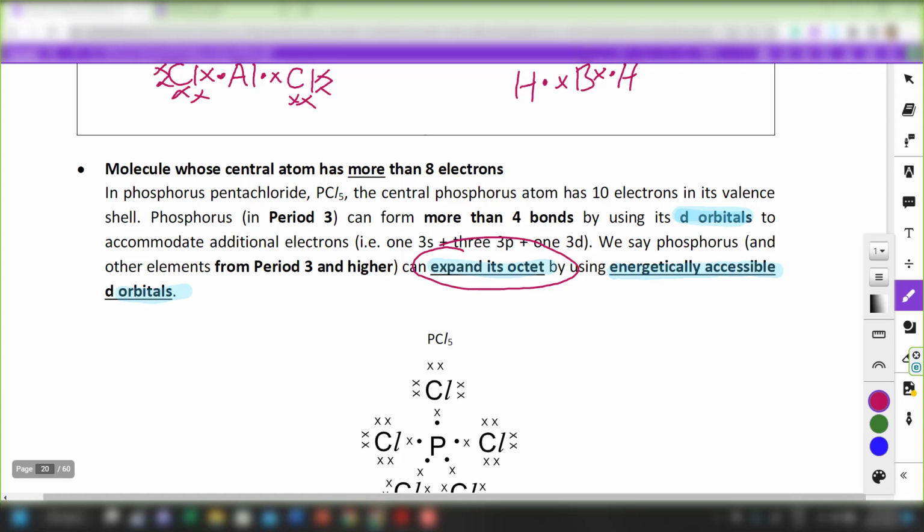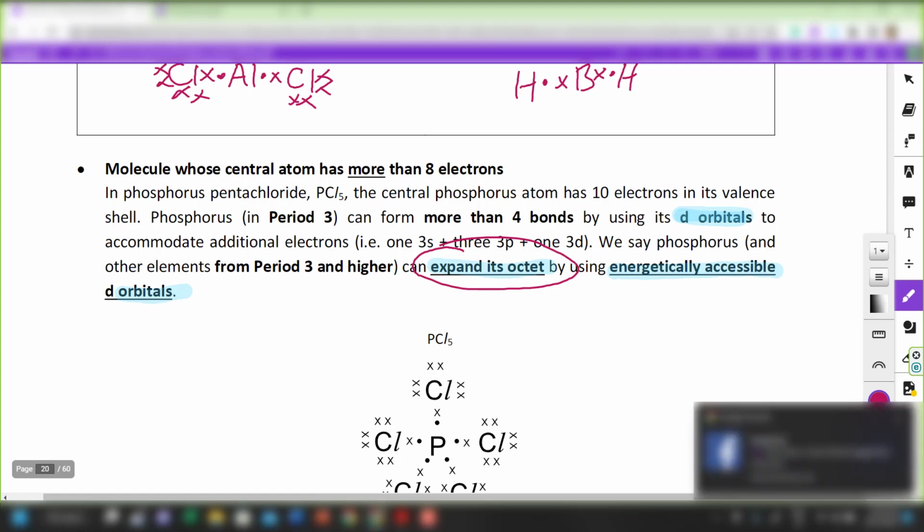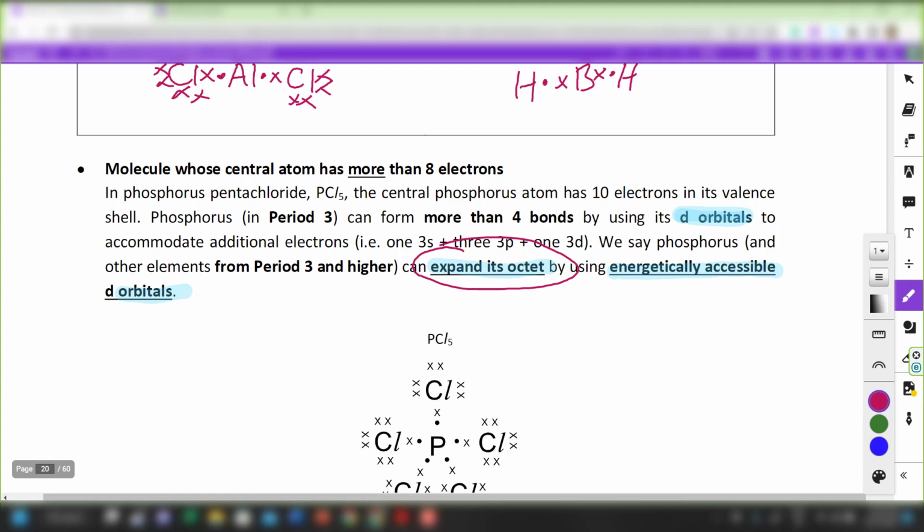But this is not something very unusual, because as we mentioned earlier, the 3D orbitals are available or energetically accessible, which means it is possible to have more than 8 electrons in its outermost shell. So it shouldn't be seen as an exception. It's probably more like a norm, because saying that it's an exception is not entirely correct. The truth is having a 3D subshell allows for octet expansion.